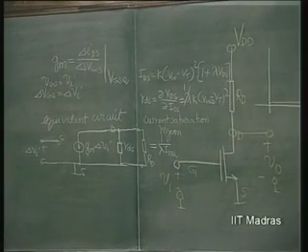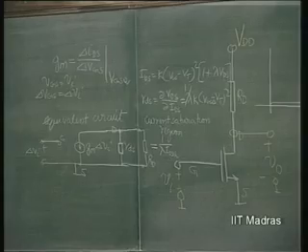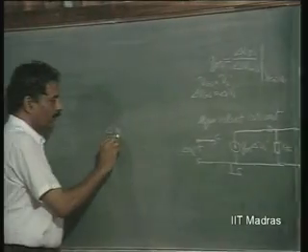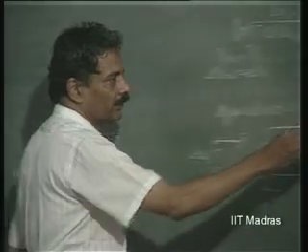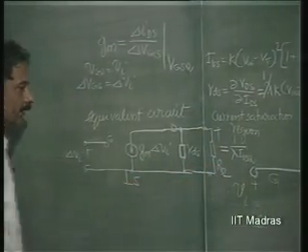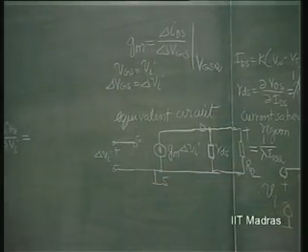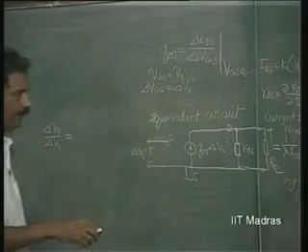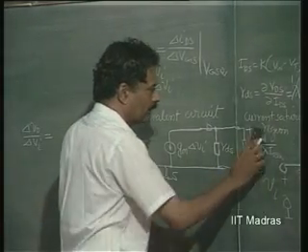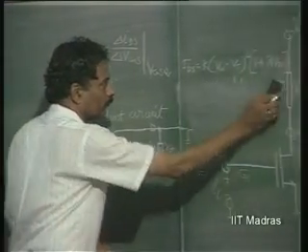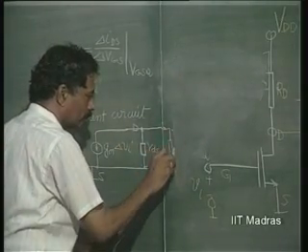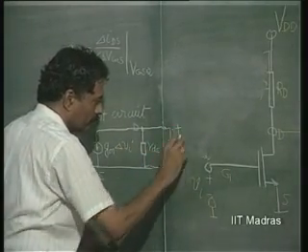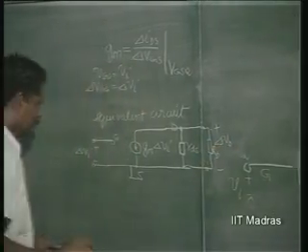The gain of this amplifier, which is delta V naught by delta Vi, where delta V naught is the voltage across RD, is going to be minus.